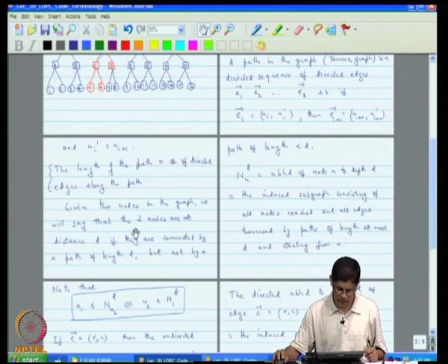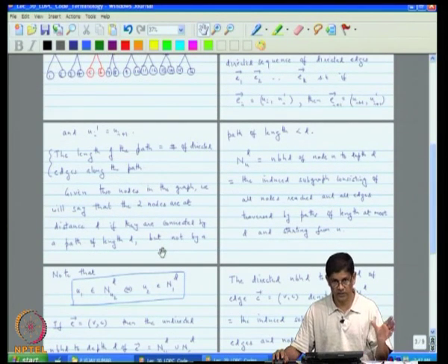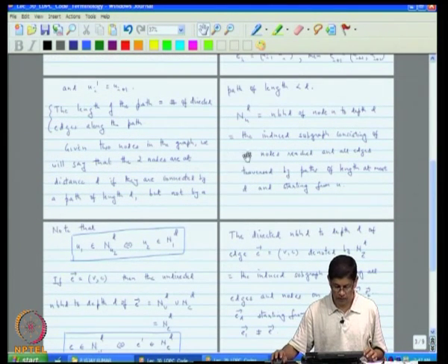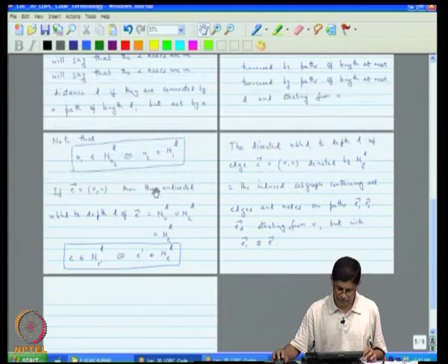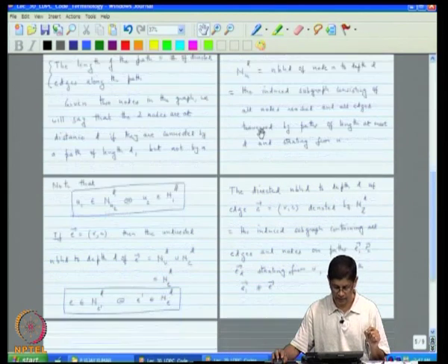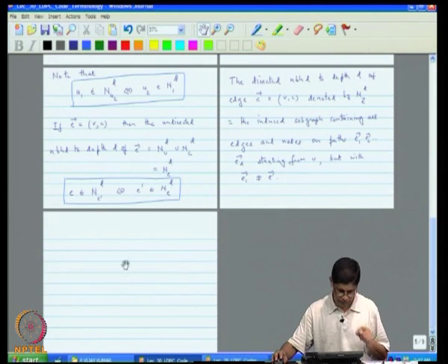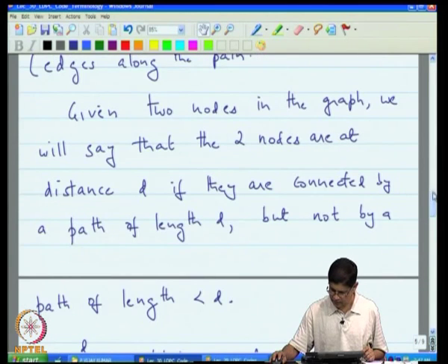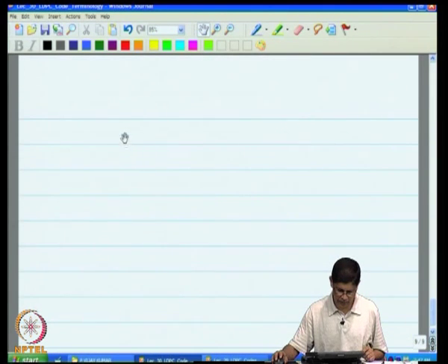Then we talked about the length of a path, the distance between two nodes in the Tanner graph, and the neighborhood of a node, the neighborhood of an edge, the directed neighborhood as well as the undirected neighborhood. As I said, the reason for going into such detail in the terminology is that when we talk about decoding, we will be in need of it.